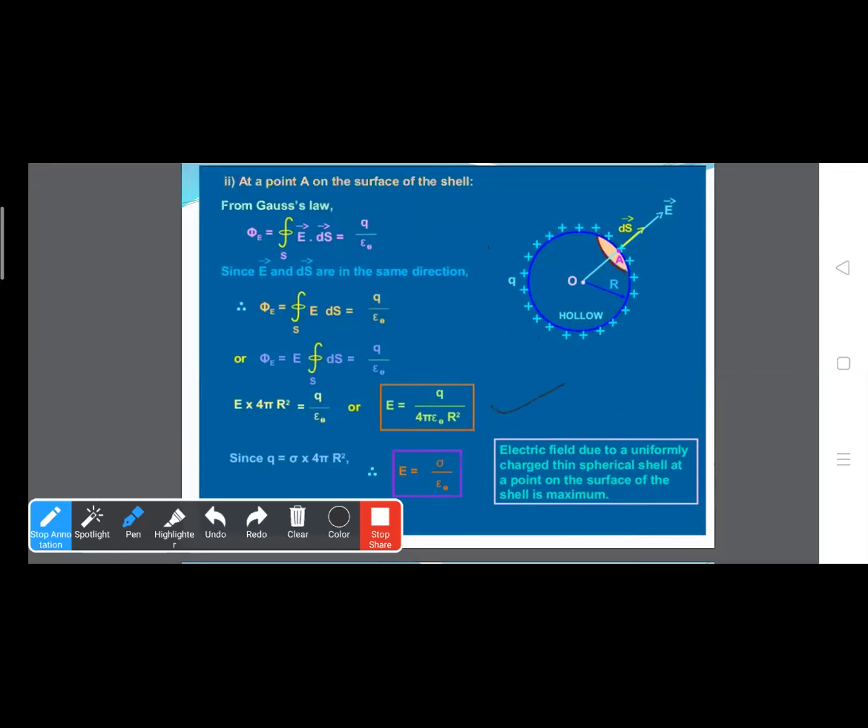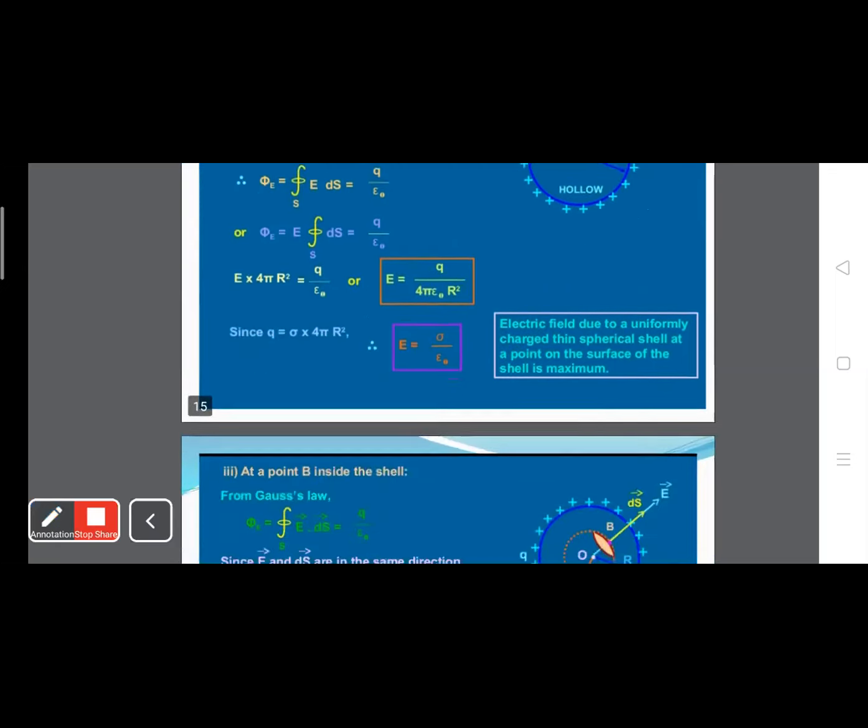Now write the value of the charge, Q equals sigma into 4 pi R square. So the value of E equals sigma upon epsilon naught. Clear? So the electric field due to a uniformly charged thin spherical shell at a point on the surface of the shell is maximum. This is the point to be noted.